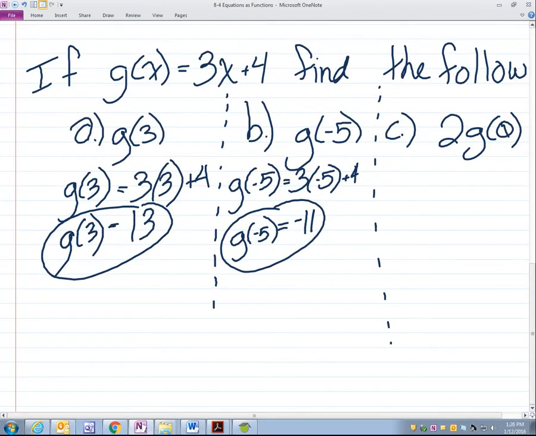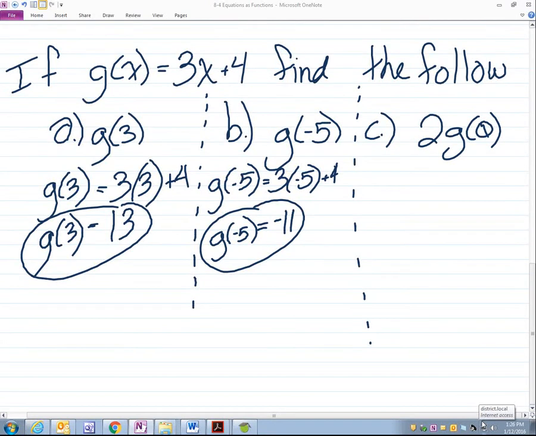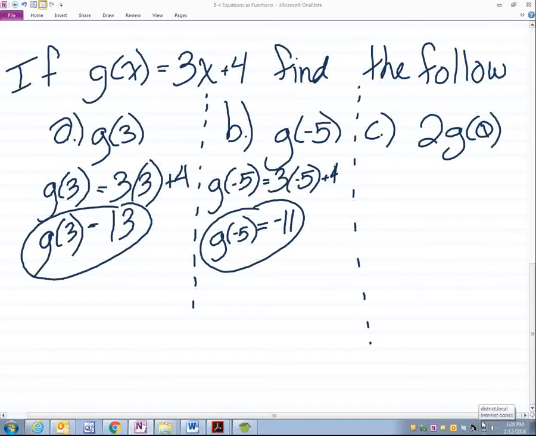Oh, I see. I'm showing you that there's multiple ways you can do it. I have an example of why there's two different identifications for functions, because you will have it on your homework tonight. That's a great question. But it can be any letter. It can be H, not usually I, J, K, all that stuff.